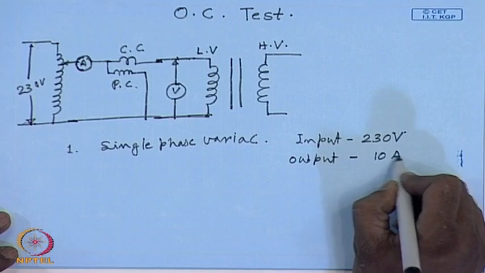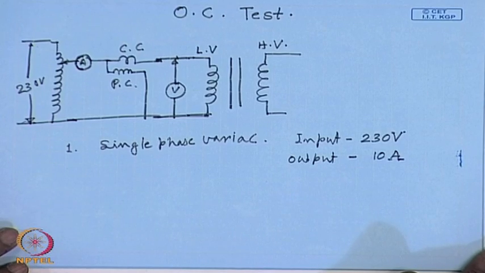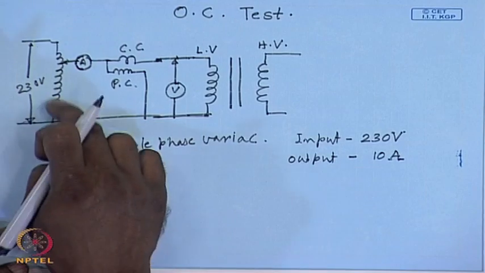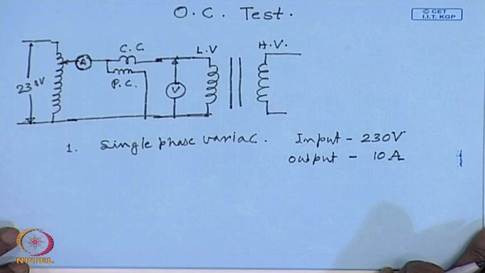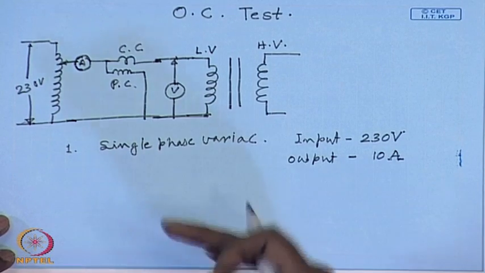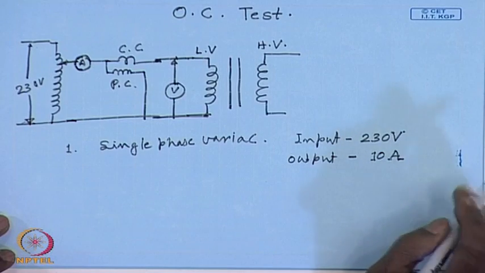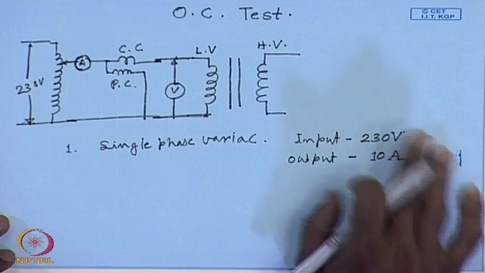It should be emphasized that this 10 ampere output current is not required for this no load test. However, in order to reduce the duplication of equipment, we are using the same variac that we used for the short circuit test. Hence, this is sufficient.